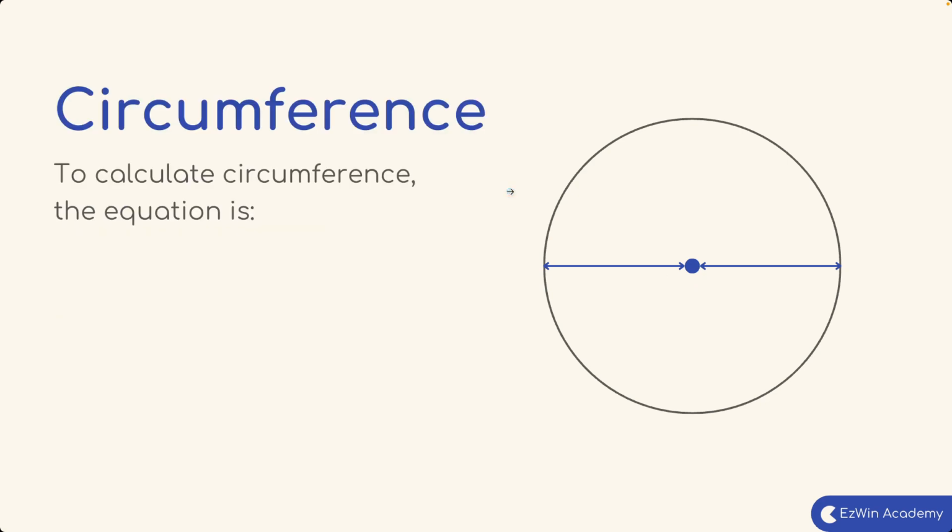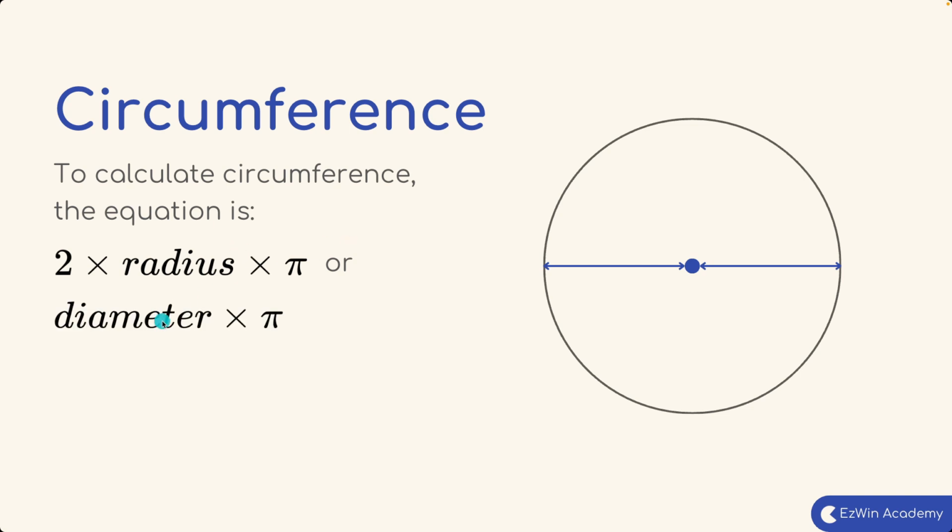And lastly, with this, we are able to calculate the circumference using this equation: 2 times radius times this little weird sign. We have learned just now that 2 times radius is basically the diameter. But we still need to multiply with the weird sign over here.